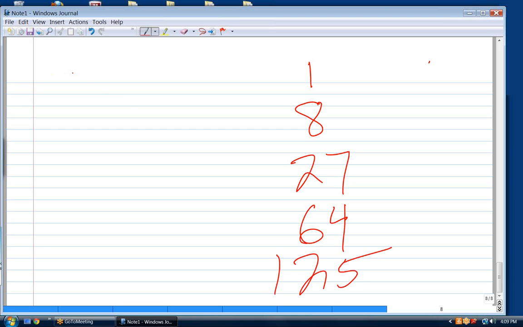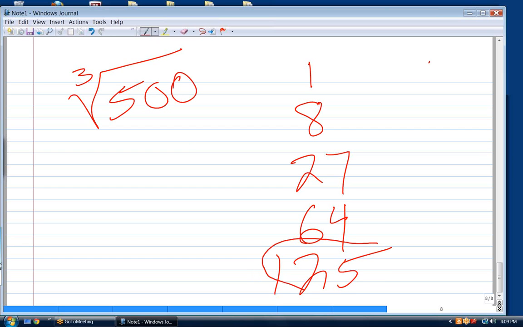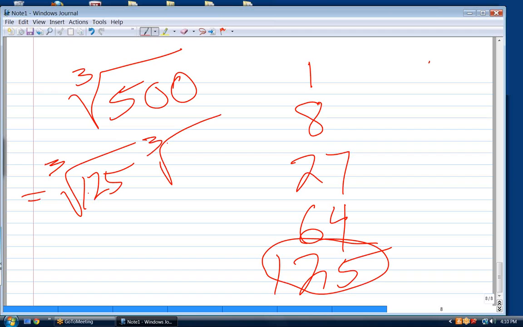So if I said the cube root of 500, that's divisible by 125. So that's equal to the cube root of 125 times the cube root of 4. Well, the cube root of 125 is 5.